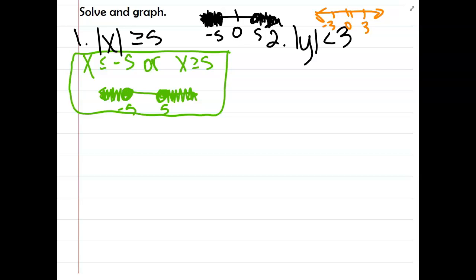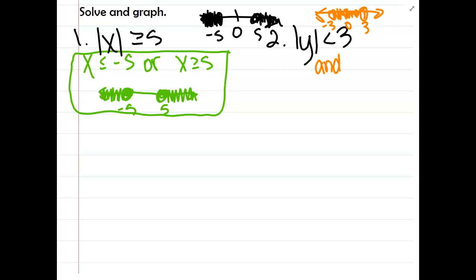You could take 1 step, or 2 steps, or 2.5 steps. You couldn't take 3 steps because it says less than, not equal to. But you could be anywhere between 0 and 3, or anywhere between 0 and negative 3. All of those numbers are less than 3 steps away from 0. Once you can picture that in your head, since it's shaded in the middle, this one's going to be an and. Does that help?